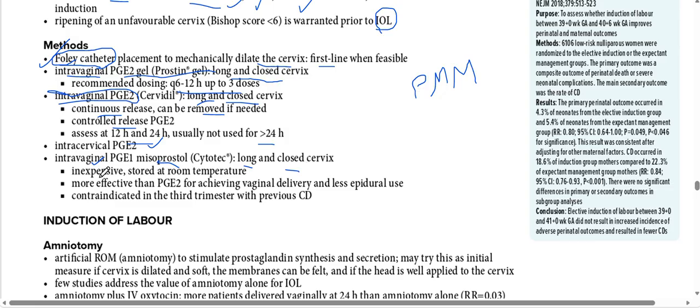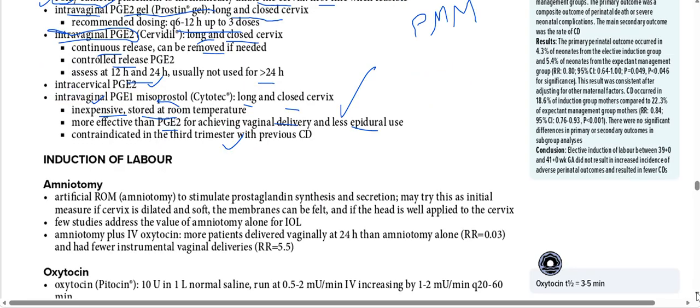Misoprostol is inexpensive, stored at room temperature, and more effective than prostaglandin E2 for achieving vaginal delivery, with less epidural use needed. That is the more favorable option. It is contraindicated in the third trimester with a previous cesarean delivery, so we cannot use it in that case.